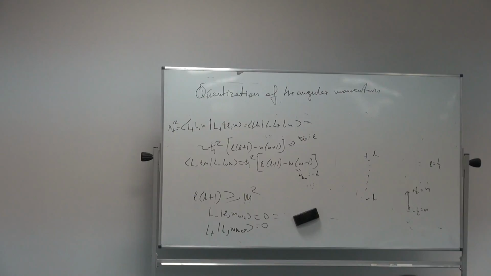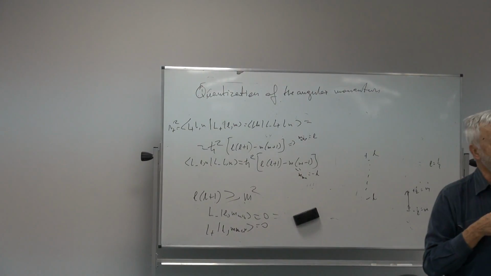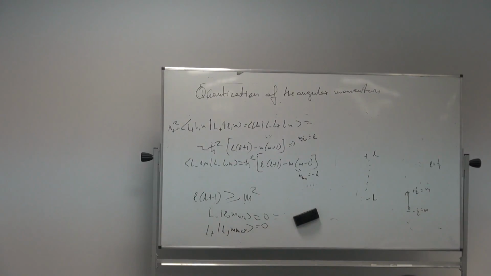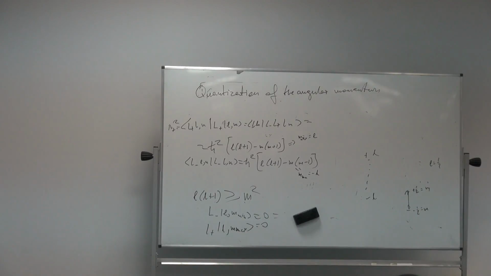Of course, we are all familiar with the fact that angular momentum can be half integer. And we all know that electrons, protons, and neutrons are such funny objects, particles that have this half integer, what we call spin.